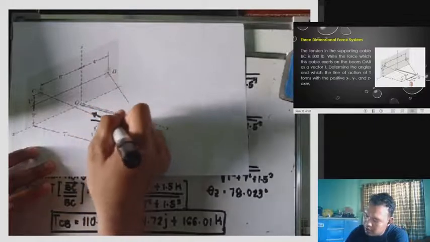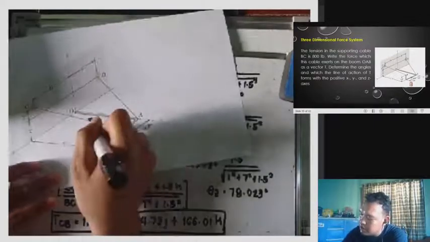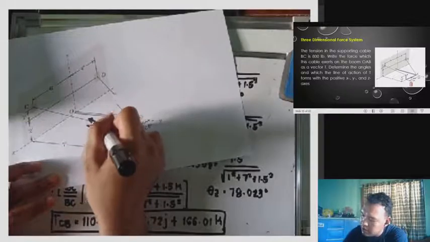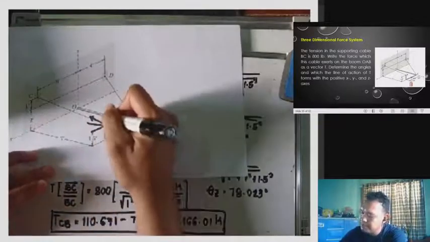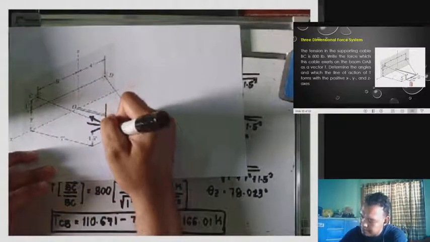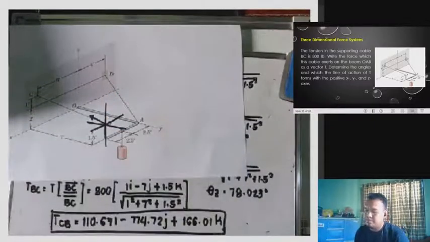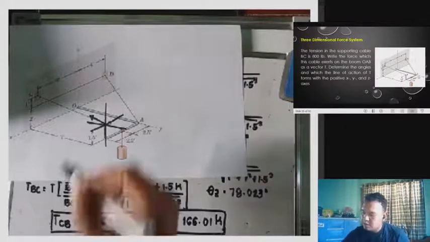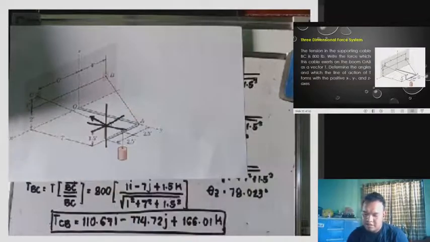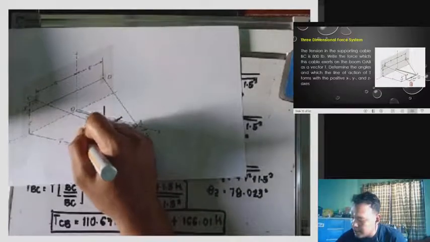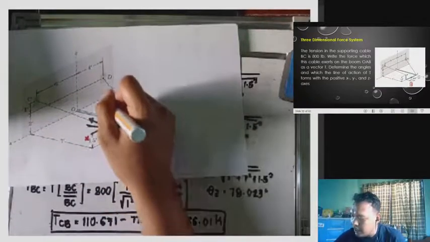So, kung may line of action ako dito, yung angle daw ng theta x from this point, ito yung x, y, and z.